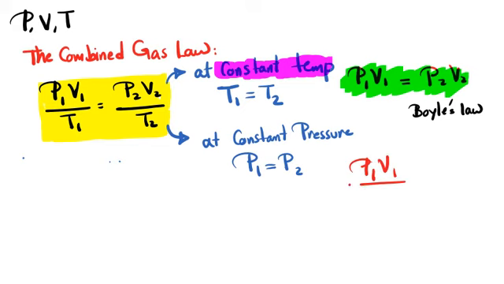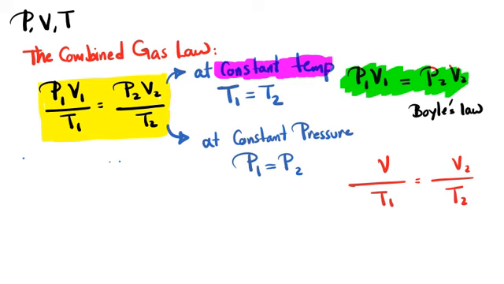P1 V1 over T1 is equal to P2 V2 over T2. And we say pressure is constant, so you can cross out the pressure here. I'm going to remove the pressure from this equation, so the only thing that remains is V1 over T1 equal to V2 over T2.